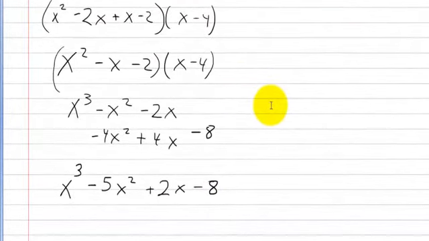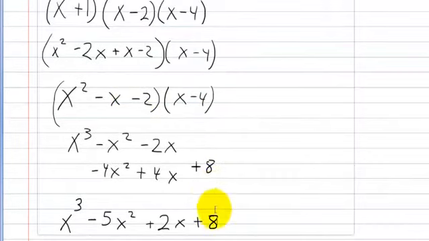Maybe you caught this already: negative 4 times negative 2 should be plus 8. So this one here also becomes plus 8. I kind of goofed up there.